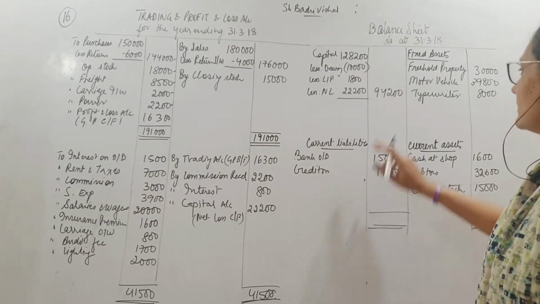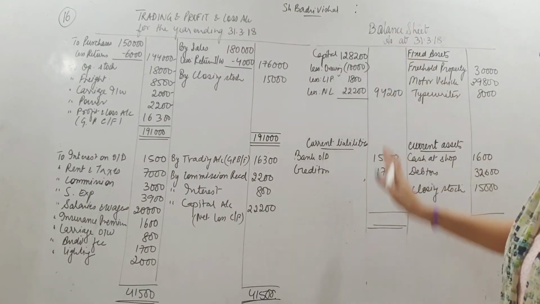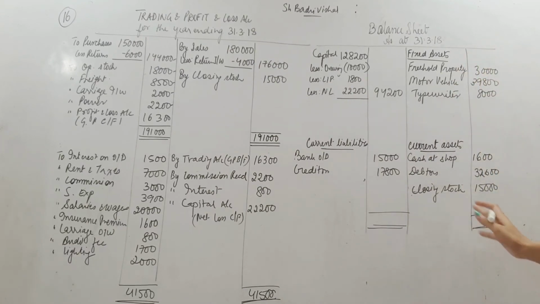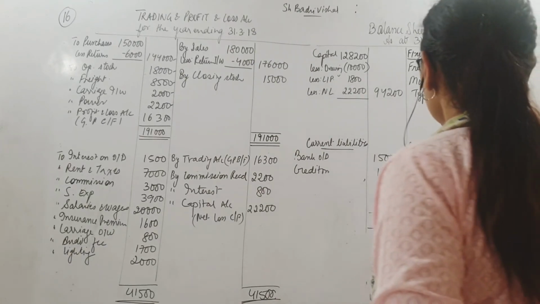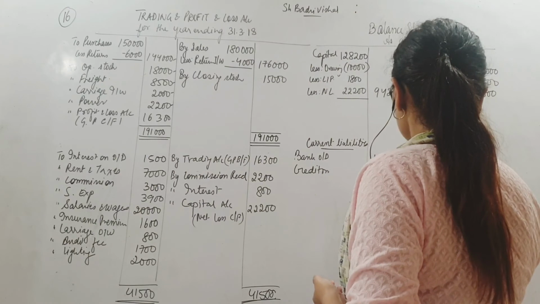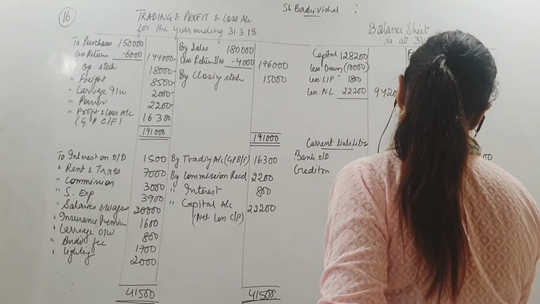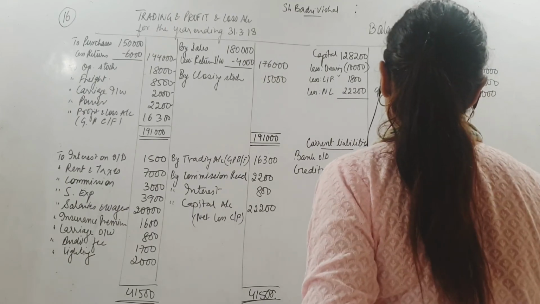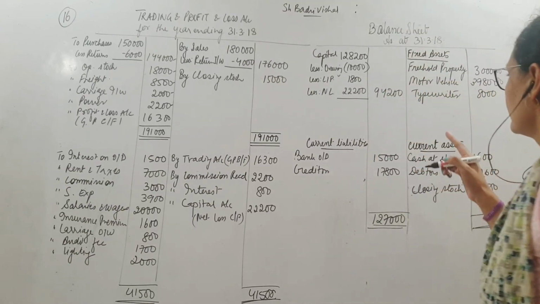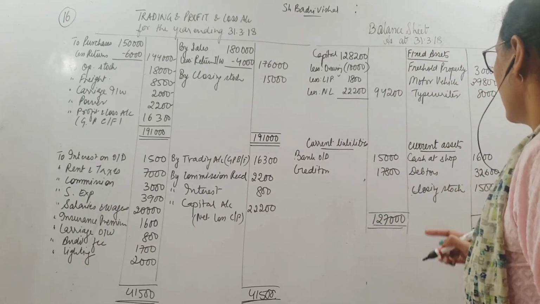Now, this is all of the liability side, this is all of the asset side. It should be the same. So, how much is your balance sheet total coming to? 1,27,000.